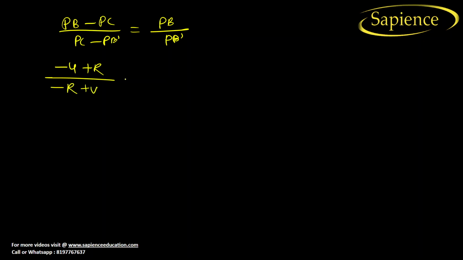So this will be minus R plus V, and this is equal to minus U by V. Now when we multiply it, this will be UR minus VU is equal to minus VU, sorry, this will be minus V. So multiplying it, minus VU, it will become VU minus VR.